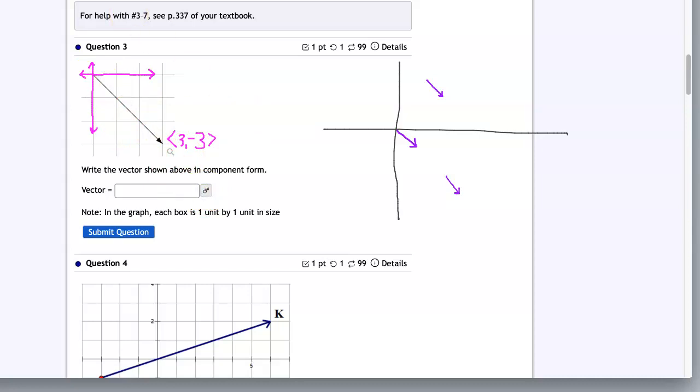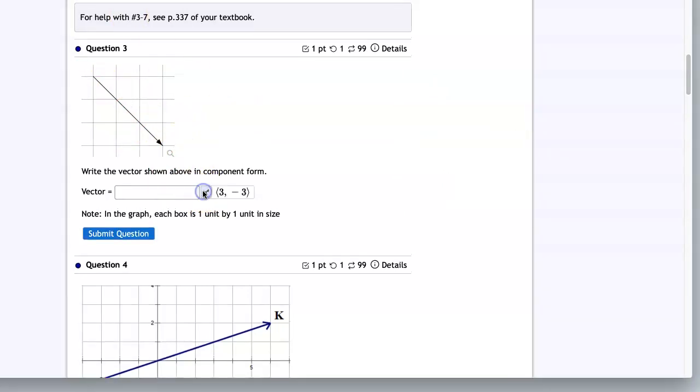So let's go ahead and look there at the answer. It is 3, negative 3. So how does that work? Well, normally when you have a vector and the vector exists somewhere else, like let's say the vector started at the point 3, negative 1, and then the vector went 3 down and 3 over, and so it went to 6, negative 4.